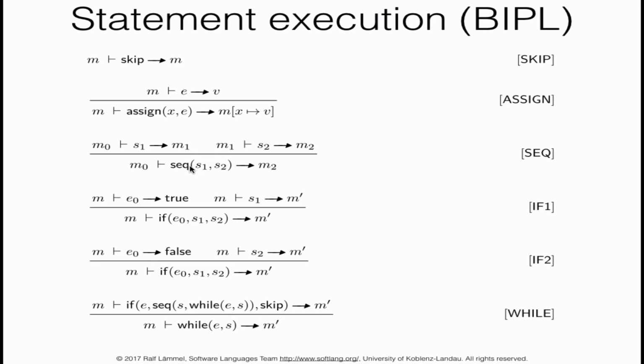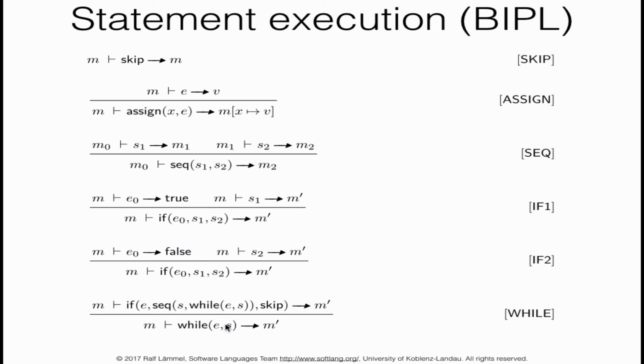When we have a sequential composition, we just execute both statements while we pass around the memory from left to right, so to say. And there are two rules for ifs and else, very similar to the ifs and else of BDL.